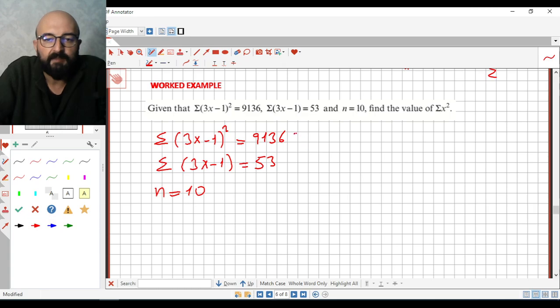Okay, and we can find the standard deviation of 3x minus 1.